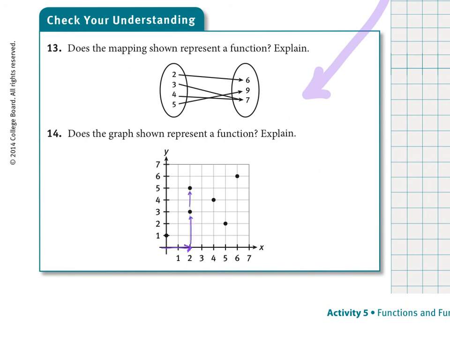There's an output of 3 and there's an output of 5. So no, this would not be a function because the input value of 2 has more than one output.